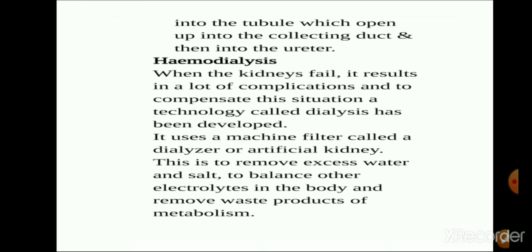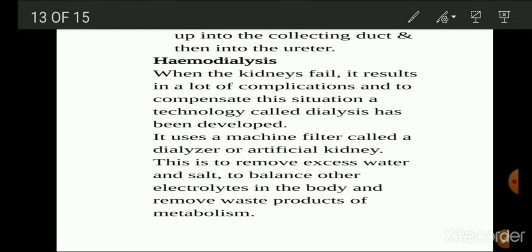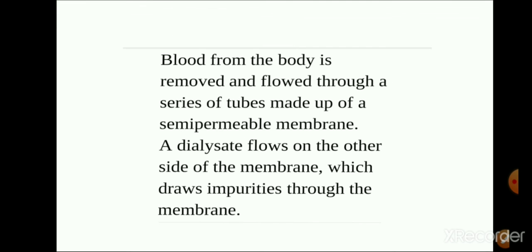When the kidneys fail in a patient, the body or kidneys are unable to filter the blood. In this case, the excess water and salts are removed to maintain the electrolyte balance of the body, and waste substances are removed from the body.